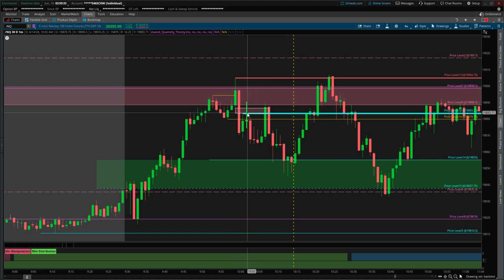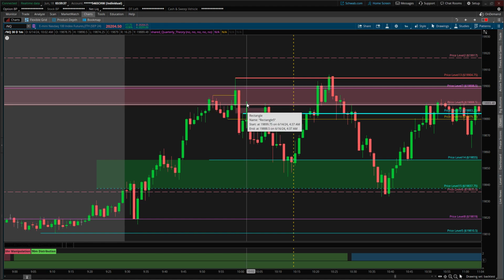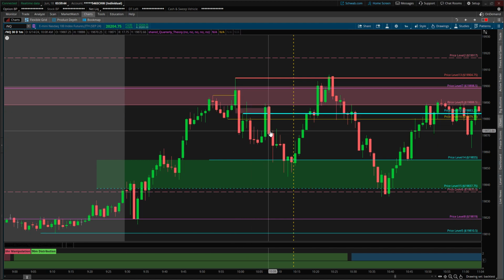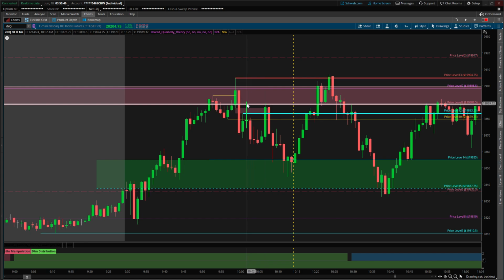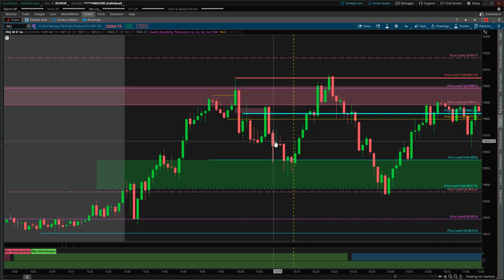So as you see, we entered the fair value gap. We hit this candle right here. It should act as resistance. Come down, we bounce back up. We failed to even make a move above this candle's high, so I'm still in this trade. As you see, we come down. We then hit first target.